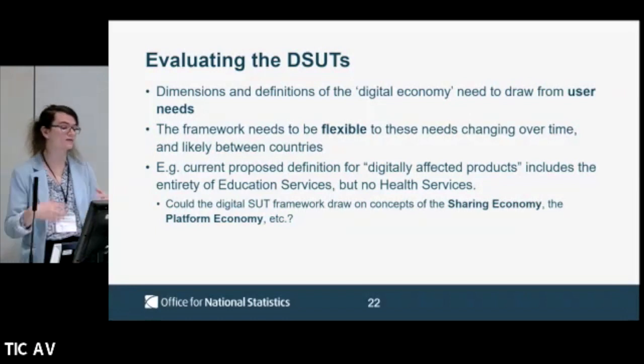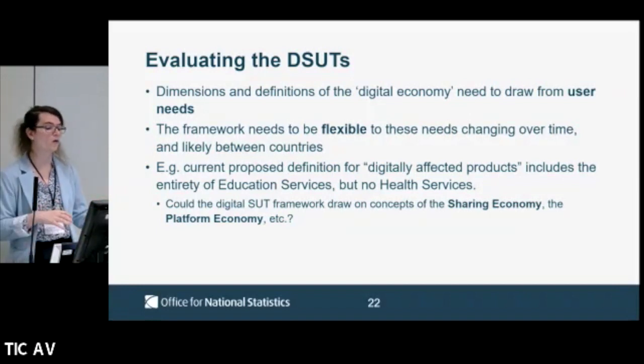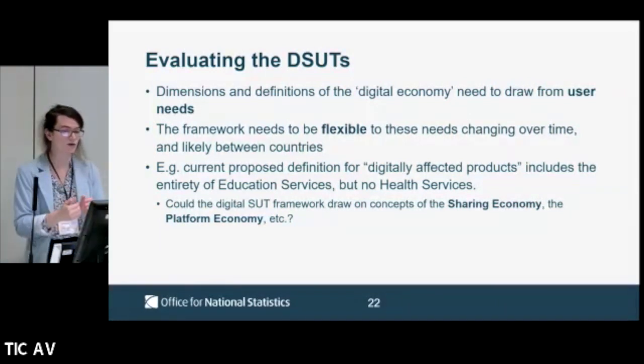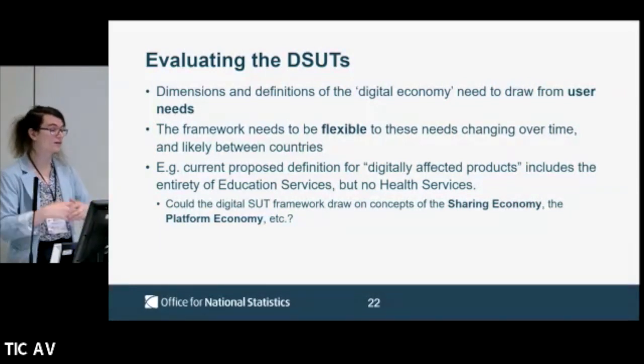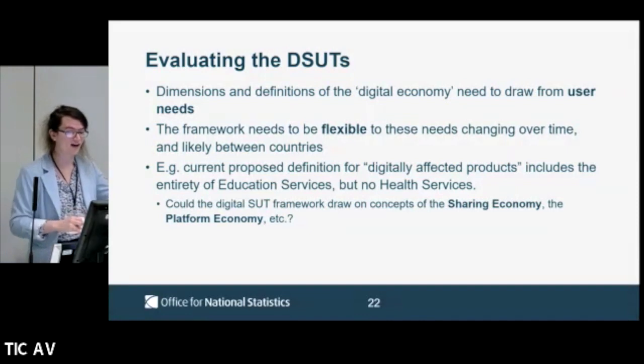You know, bringing in something like the sharing economy or the platform economy and showing how that overlaps with these other different definitions that we have of the digital economy. And we see this as potentially being a fruitful avenue, either in addition to or as an alternative to thinking about things in a more broad and abstract way. For example, one of the categories that's been talked about is digitally affected products.